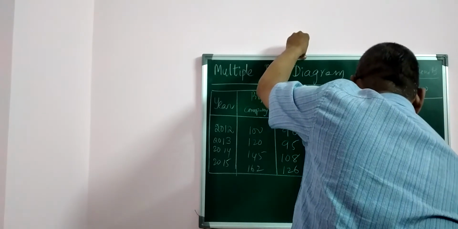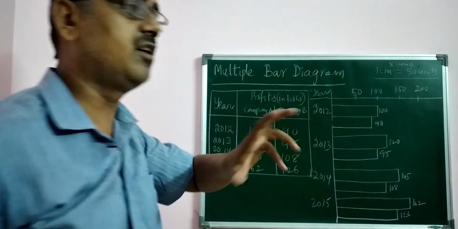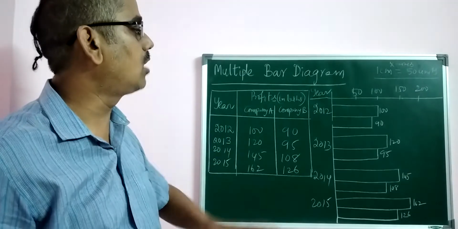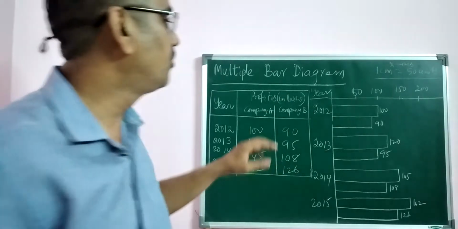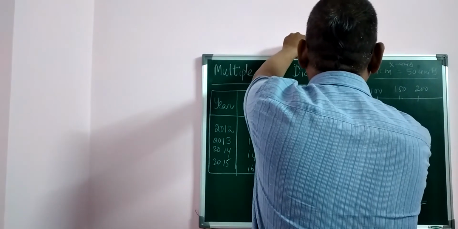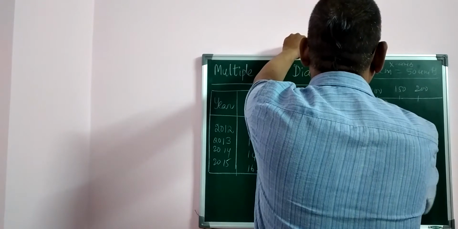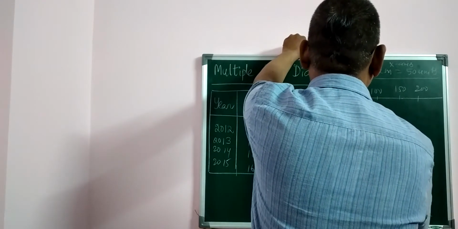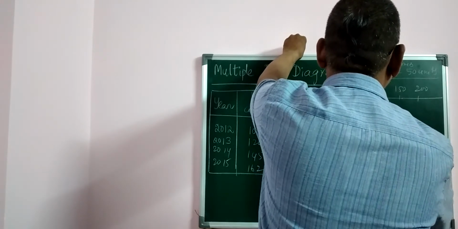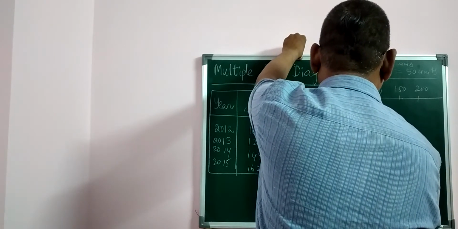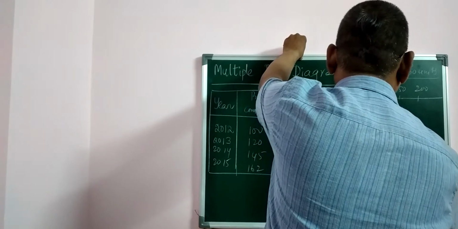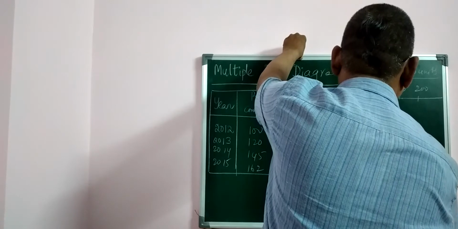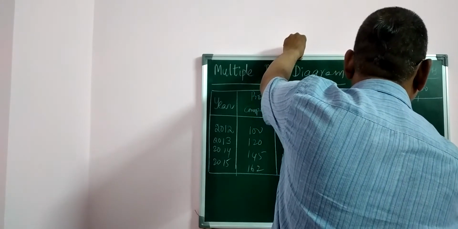For this, two different kinds of bars are to be represented. They should not all look the same. So if you draw diagonal lines for company A and leave the second one blank, this is the representation I did.